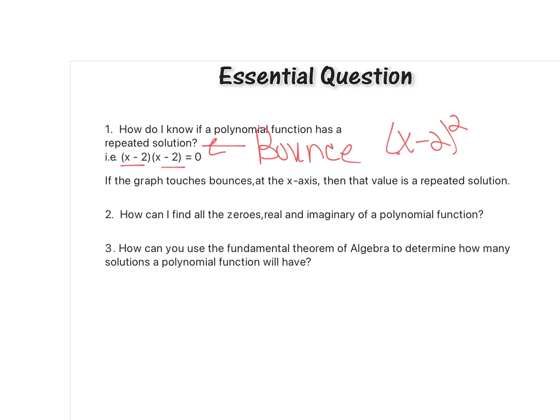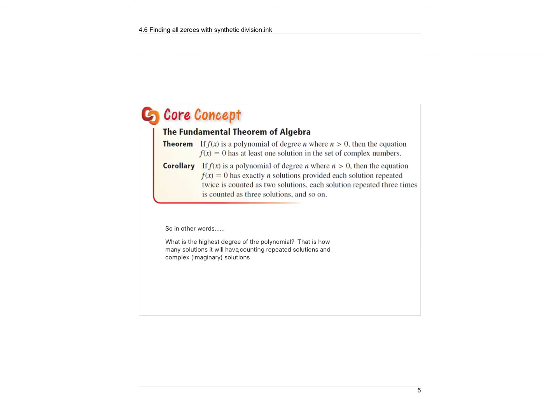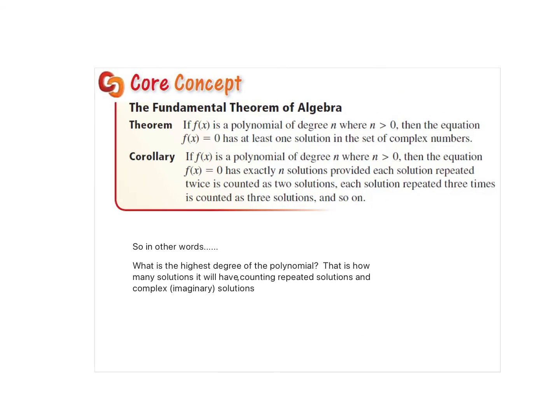So anytime you have x minus 2 or something like that squared, that solution is there twice, and you would have to use that. And then we are going to talk about here in a second how to find all the zeros, real and imaginary, and using that fundamental theorem of algebra that we have already talked about to determine how many solutions a polynomial will have, so we know when we do synthetic division how many solutions we're looking for. So just a reminder of what that fundamental theorem of algebra actually is.